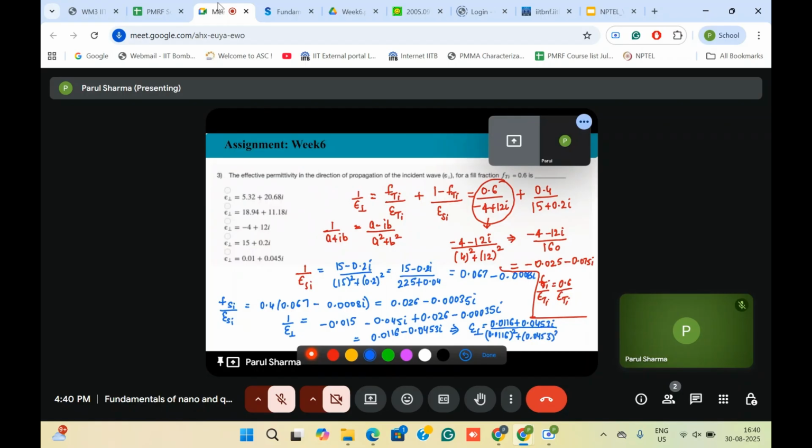Okay, so it will give us 5.31 plus 3.6i. So this is the final answer, 5.3. First option is the correct answer. It's just the calculation.